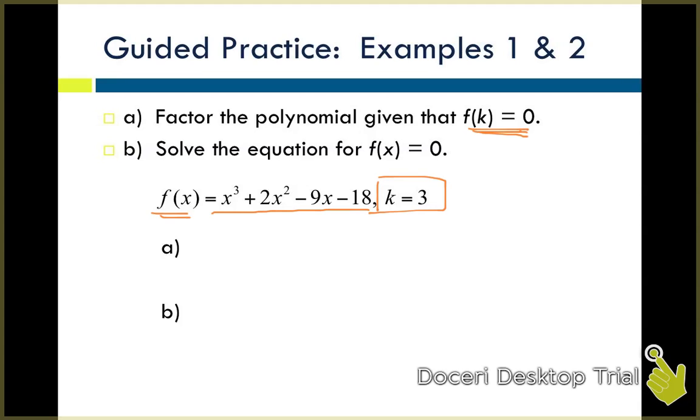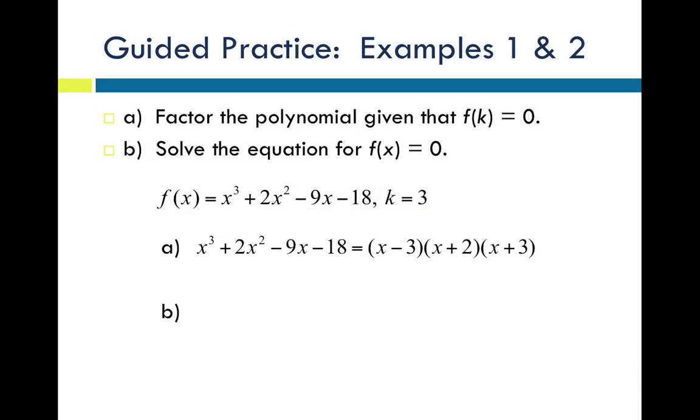All right, so in part A, we are just being asked for the factors. And we should end up with factors of x minus 3. That comes from having the k of 3. And then we should also get x plus 2 and x plus 3.